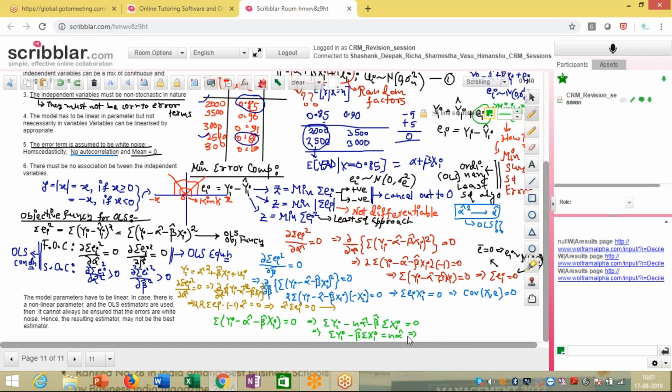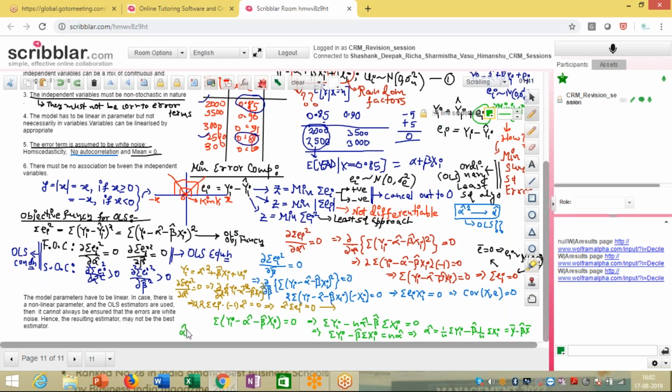So alpha hat automatically becomes, now I'll divide it by n, summation yi by n minus beta hat times 1 by n summation xi, which is y bar minus beta hat x bar. So this is what the OLS estimate of alpha hat is.